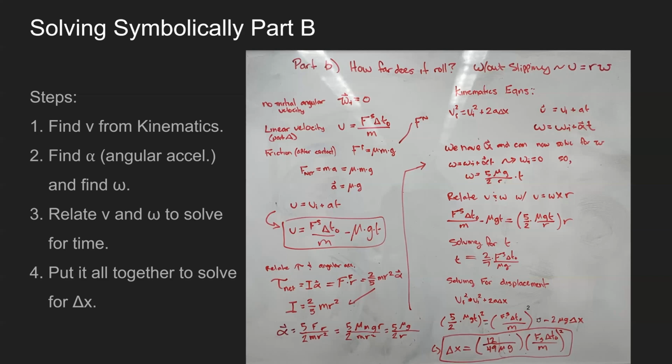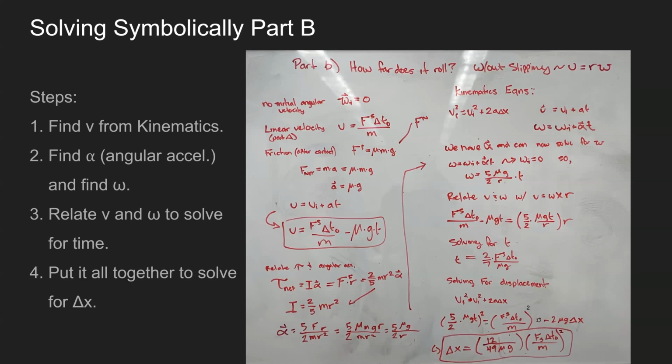In step 4, we can put it all together and solve for the change in position. And now that we've solved for all the other unknowns, we can finally solve for it. We will use the last kinematics equation on the top right, velocity final squared equals velocity initial squared plus 2 times acceleration times change in position. Now plugging everything in, we get 5 over 2 times mu g t squared equals the force of the strike times the change in time over m, squared, minus 2 mu g times delta x.